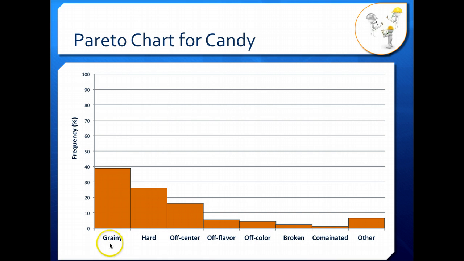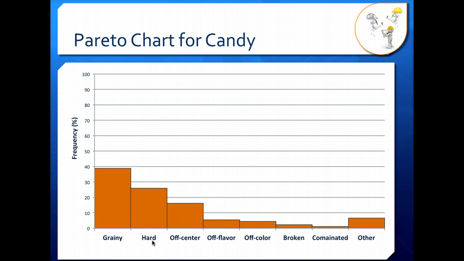So if we look here, our grainy caramels, our hard candies, and our off-centers are our greatest problems. So we should probably target fixing these problems. Take a look at our process, see what is going wrong that's causing our caramel to be too grainy or too hard.